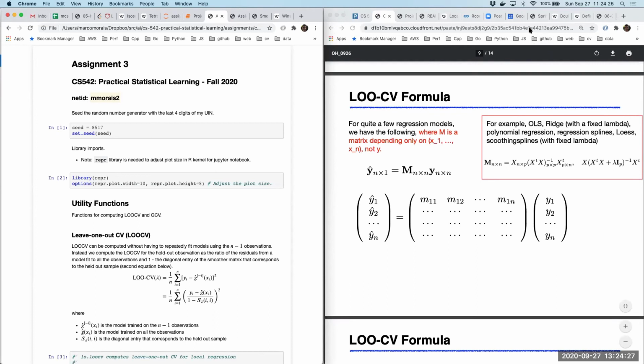Professor, one question over here. Is it that we have to apply this particular trick to retrieve the M matrix because R doesn't by default give out the M matrix? Yeah, R did not give us this matrix. This is our computational way of finding the M matrix once the model is fitted.